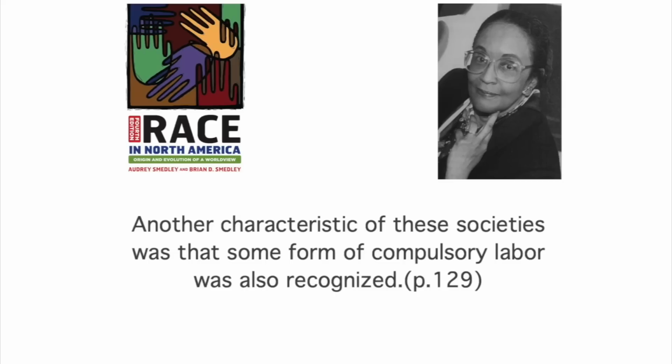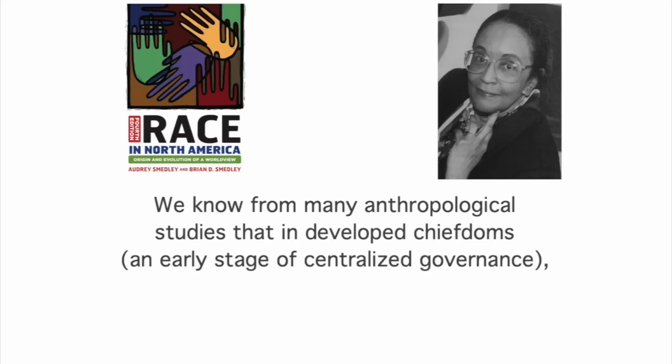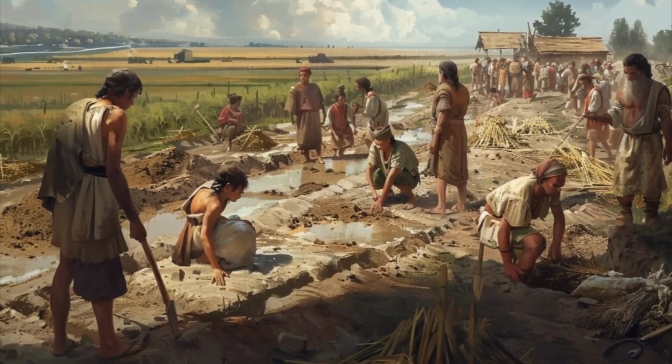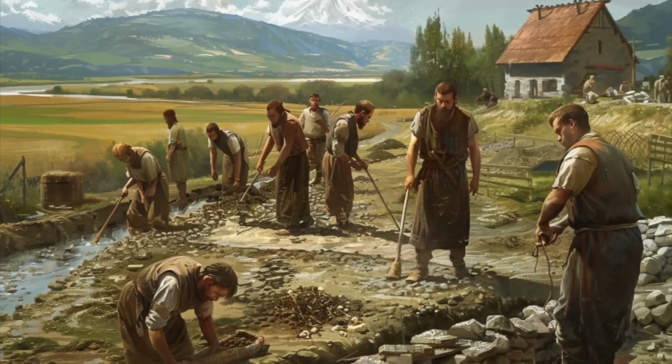Let's keep going. Another characteristic of these societies was that some form of compulsory labor was also recognized. We know from many anthropological studies that in developed chiefdoms, an early state of centralized governance, community members were required to allocate a portion of their labor or produce to the chief, as well as to his retinue and household.